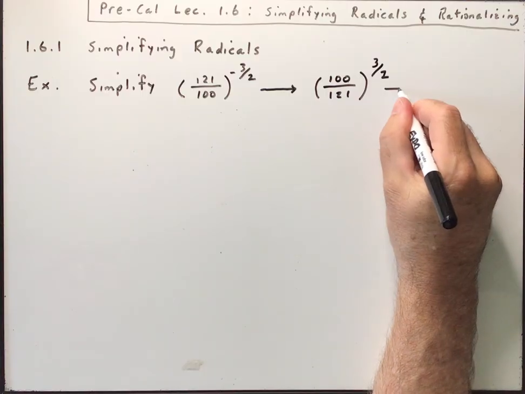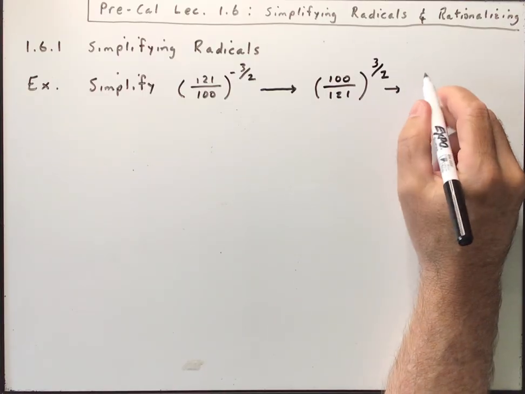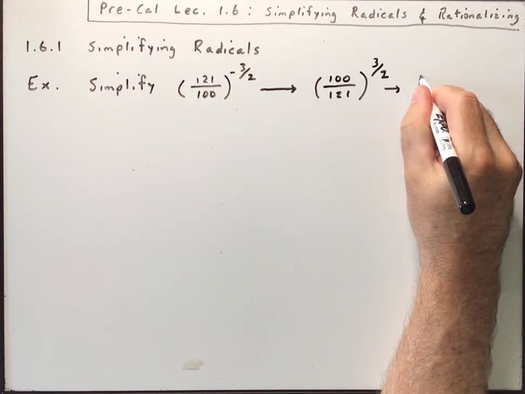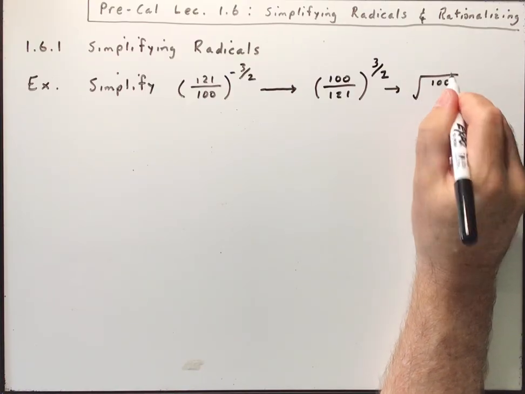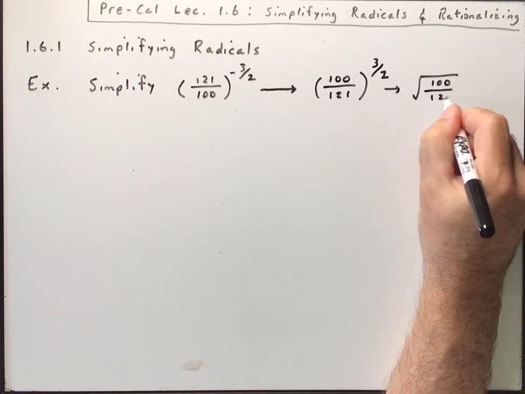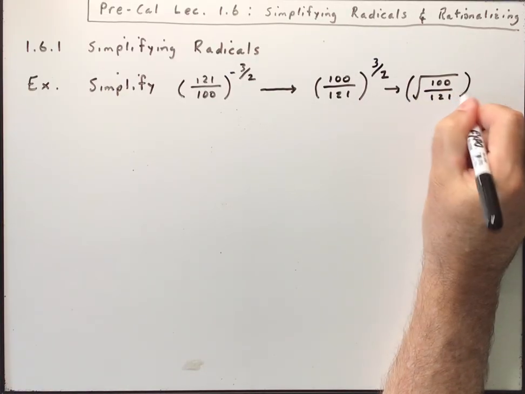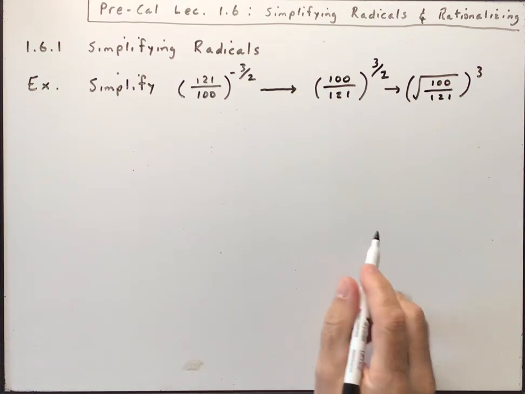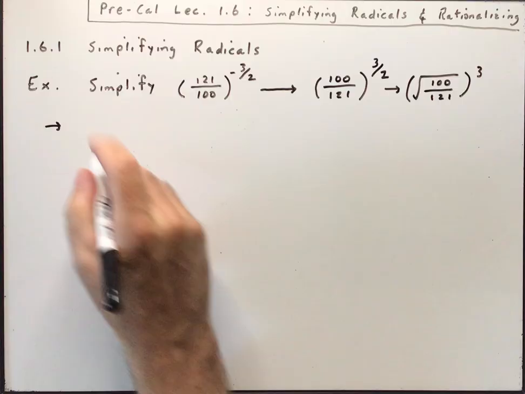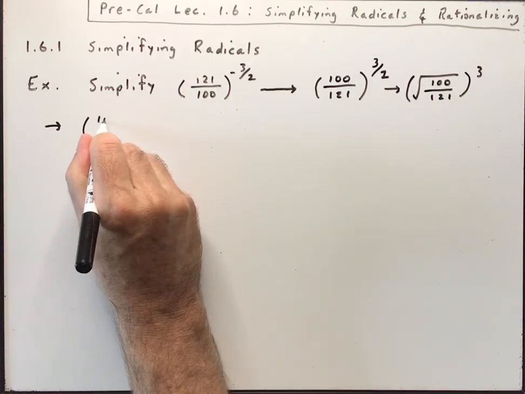Now that is the same as the square root of 100, because 2 is on the bottom, so the square root of 100 over 121 all cubed. Okay, so what is the square root of 100? That's 10.